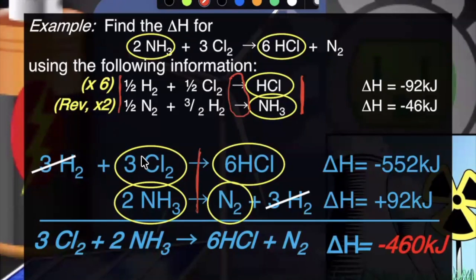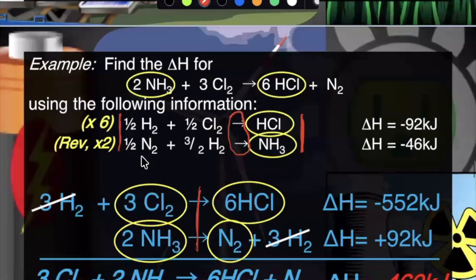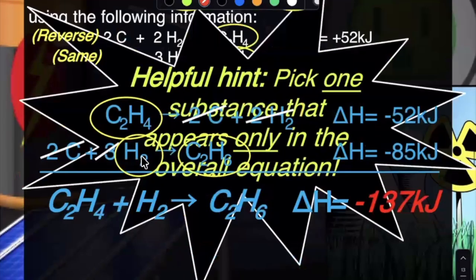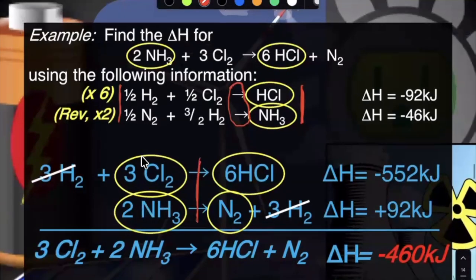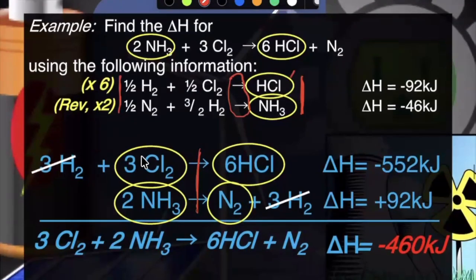Okay, so what I'm going to do is look for, as this note said, one substance that appears only in the overall equation. Obviously this big star is kind of covering this slide up, but it's going to be the same thing. This one's a little harder, so a pretty good example. In this case, I have 1 mole of HCl, and what I want to do is match it to my target equation.